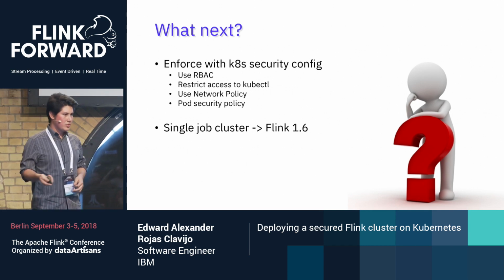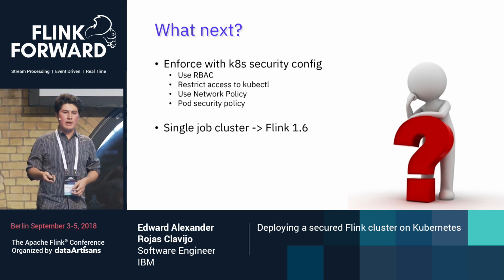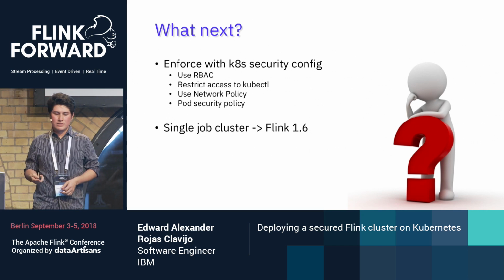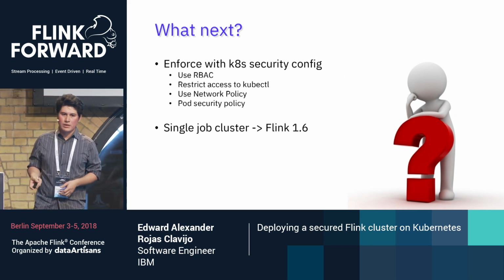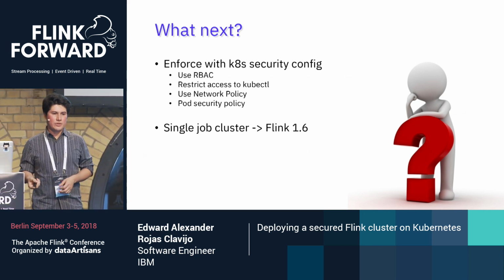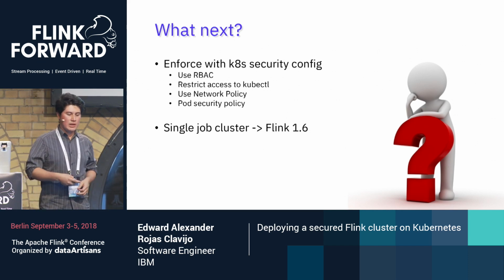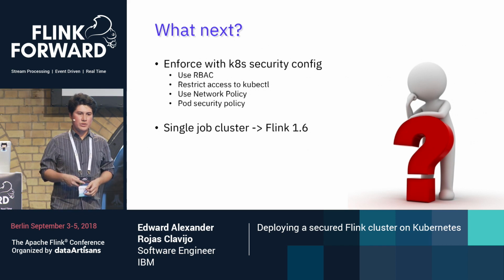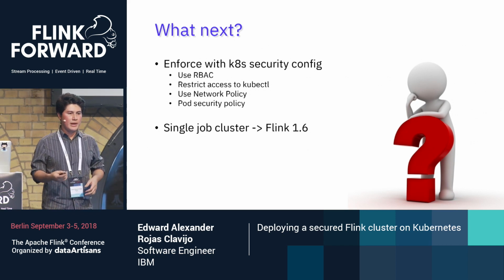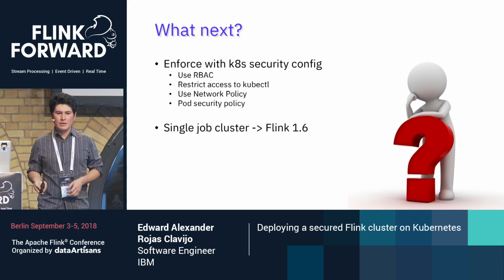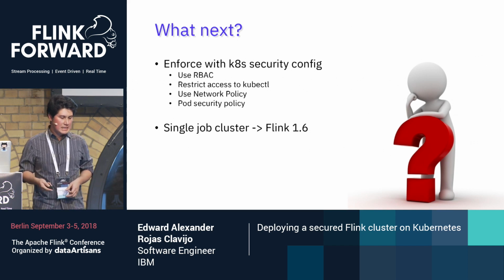So we recommend using role-based access, as well as restricting the access to the kubectl util, so only authorized users can use it, as well as using a network policy and a pod security policy, and always having in mind that it's better to not have pods that run with root access.